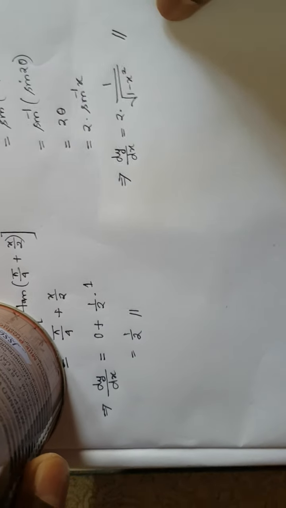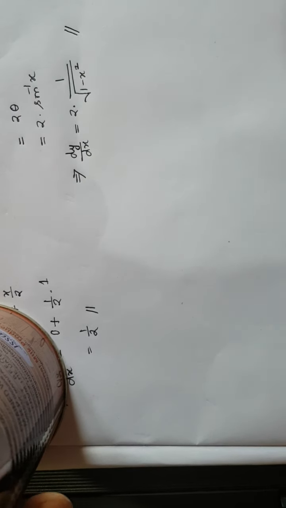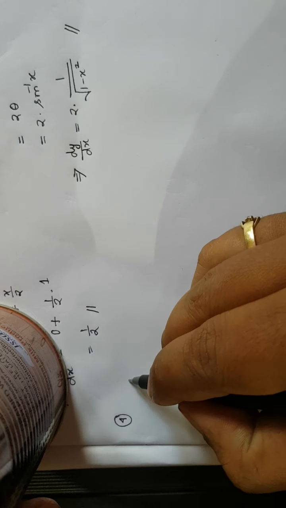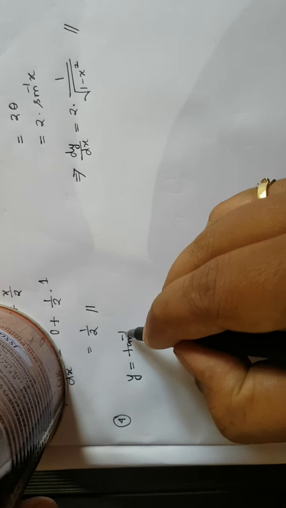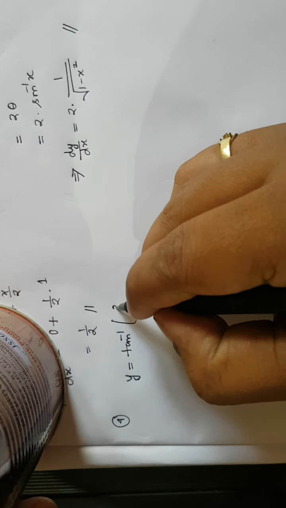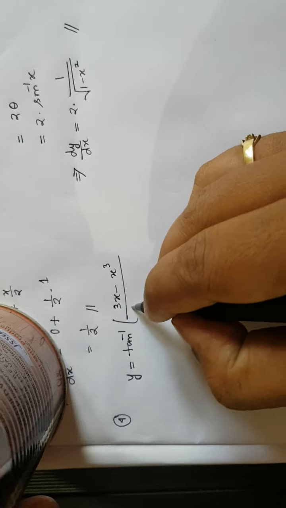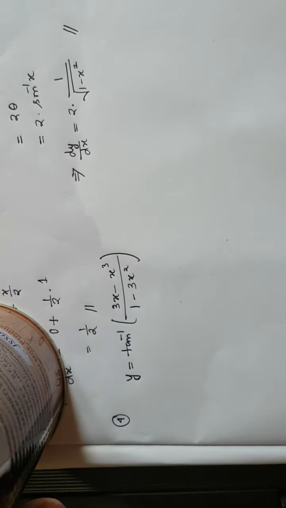Now number 4. I am showing you how to solve questions involving inverse functions. You are given y is equal to tan inverse of (3x minus x cube) divided by (1 minus 3x square). How to differentiate these functions?